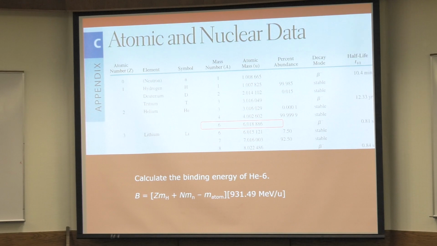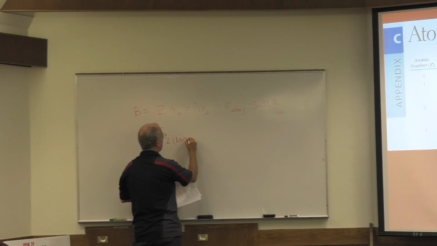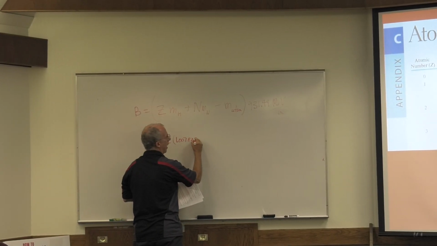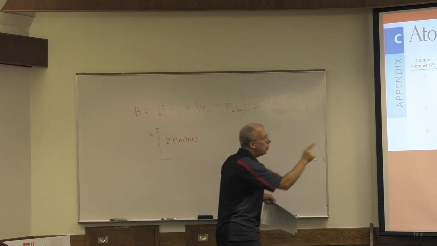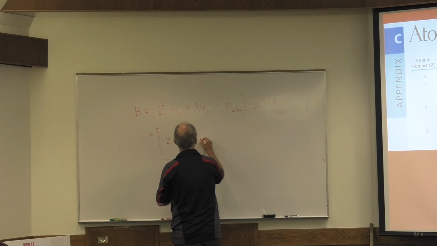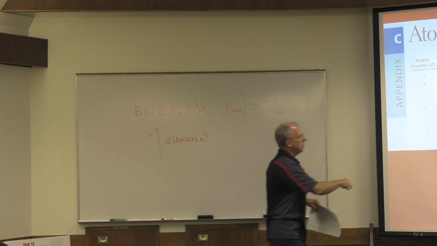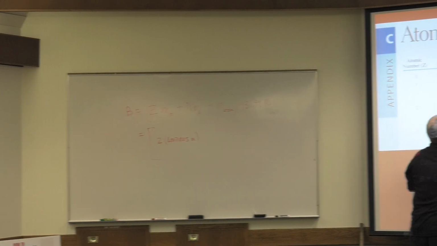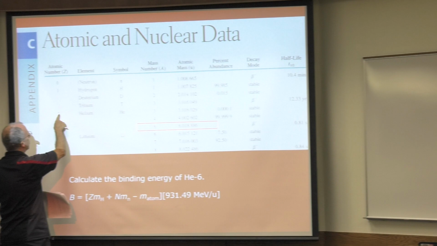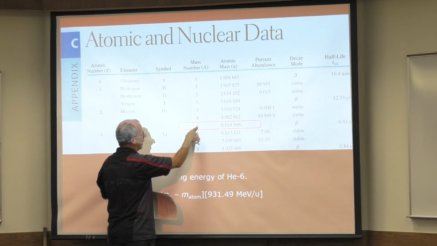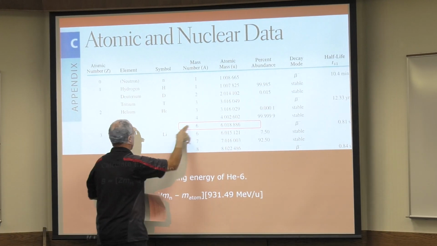So 1.007825, and again, these are in U's. And then the number of neutrons. This is helium-6, so 2 protons, but it's helium-6, so there are 4 neutrons.